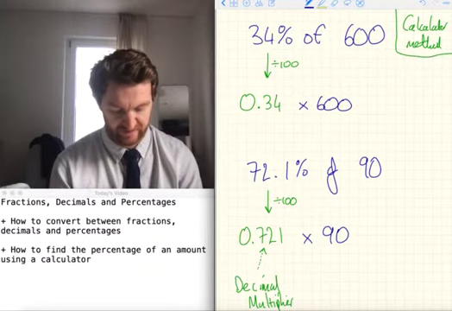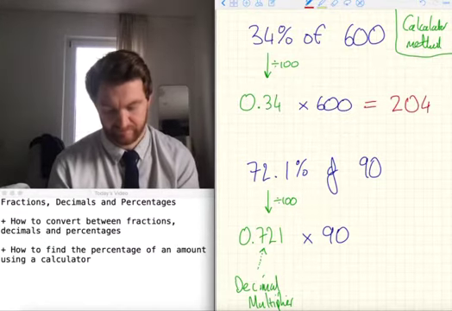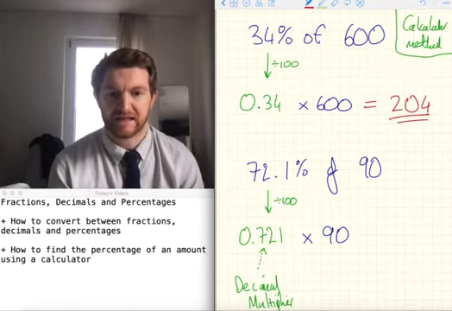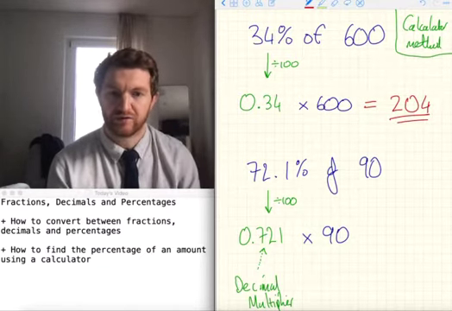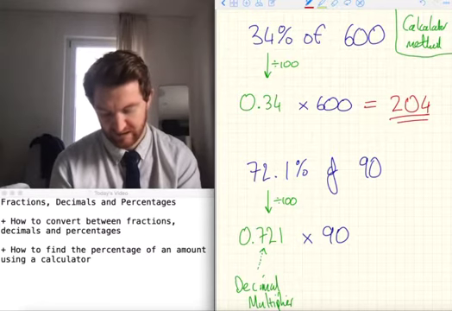0.34 times 600, and that gives you, if you do this correctly, 204. If I wanted to work out 72.1% of 90, again, make it into a decimal, use your calculator, times it together, 0.721 times 90, and it gives you 64.89.